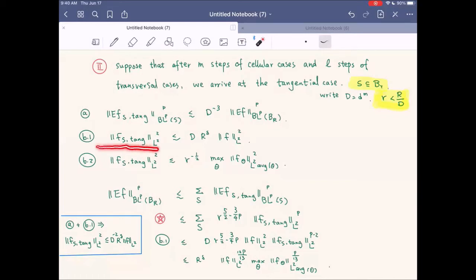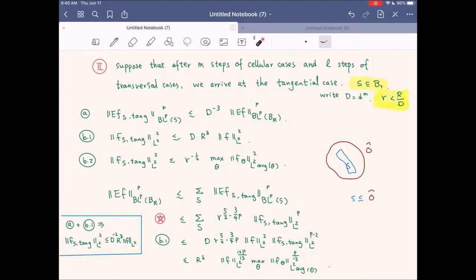Then we also have this L2 bound. Let's think that the previous step is cellular. So S lies inside a parent cell. Let's call it O. So S lies inside O. This hat means its parent.